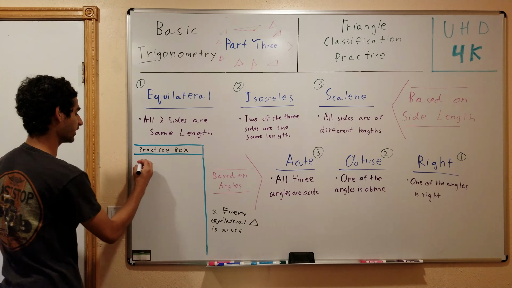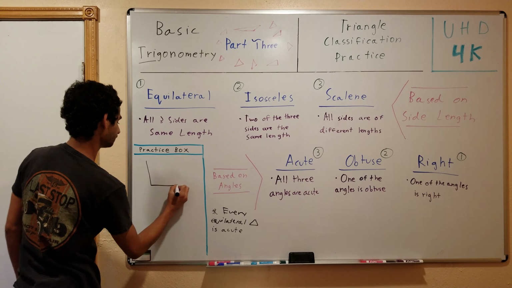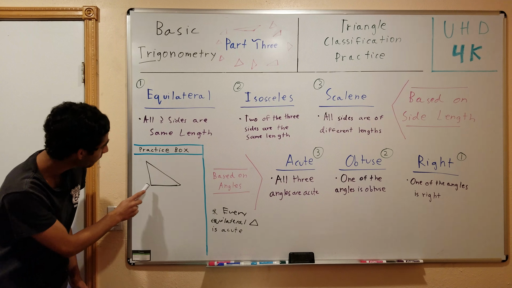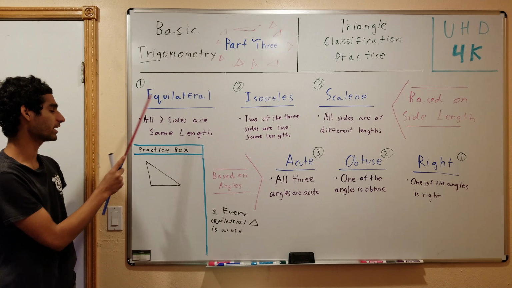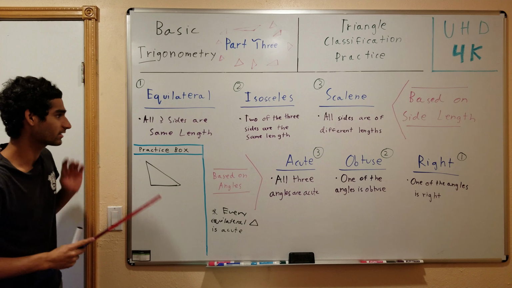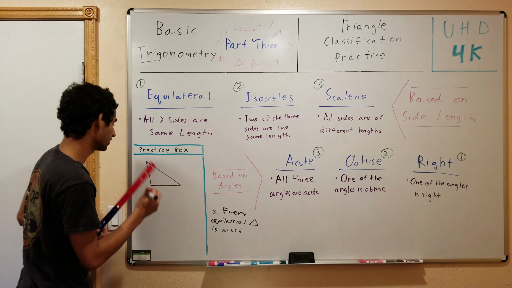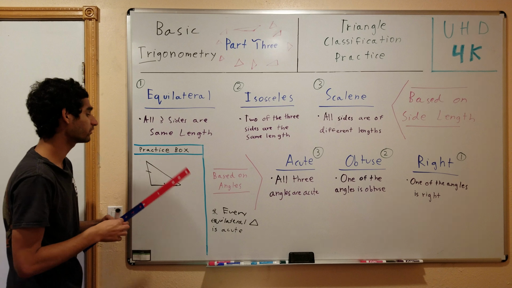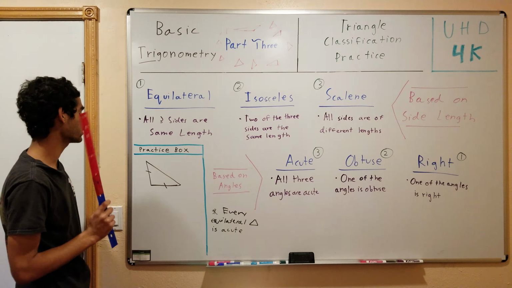What if I put this triangle over here? So this is a right angle, by the way. Is this an equilateral triangle? Nope, because I can tell you that these two sides are different length. Is this an isosceles triangle? Yes, because these two sides are of the same length. And if two of the three sides are of the same length, that means this is an isosceles triangle.